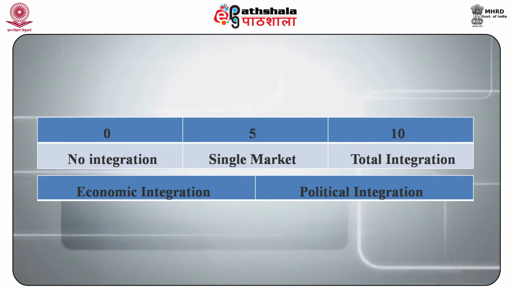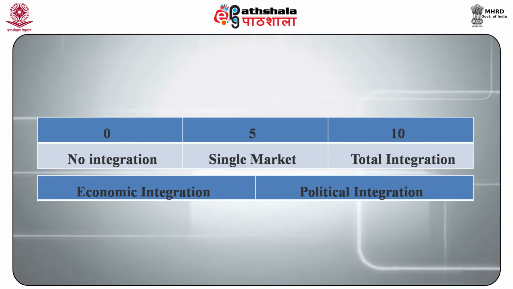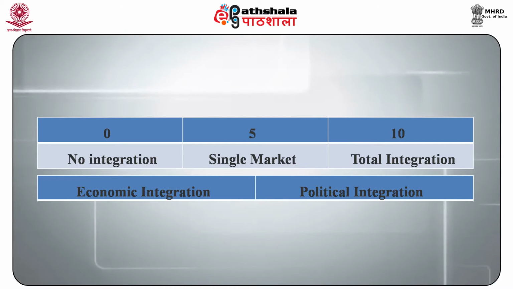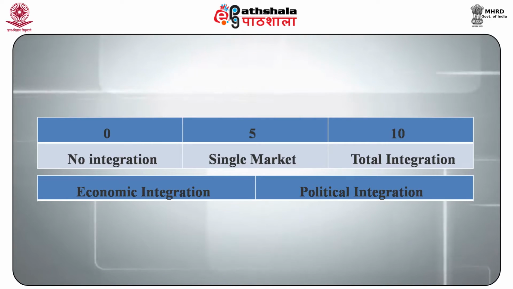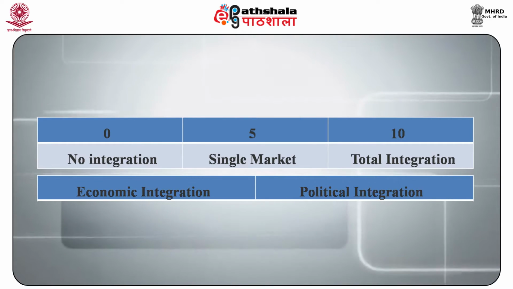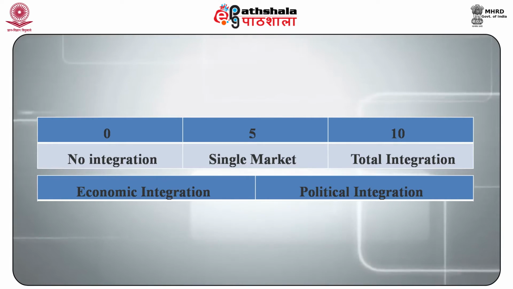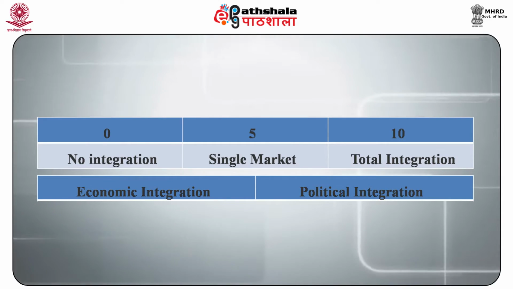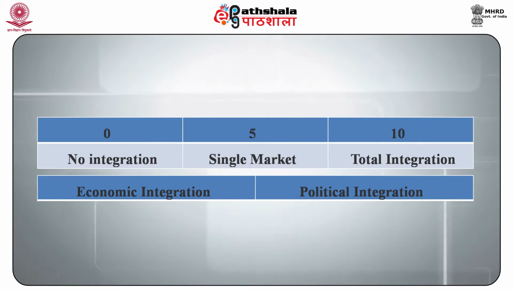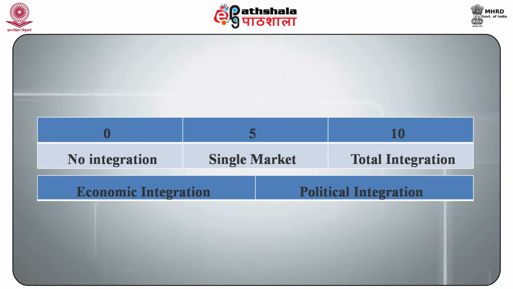So, if we were to understand the notion of economic integration and what we generally call regional economic cooperation, then let us imagine integration being measured on a scale of 0 to 10. When the number is 0, it represents no integration amongst the concerned countries, and when the number is 10, it represents complete integration amongst all the countries.